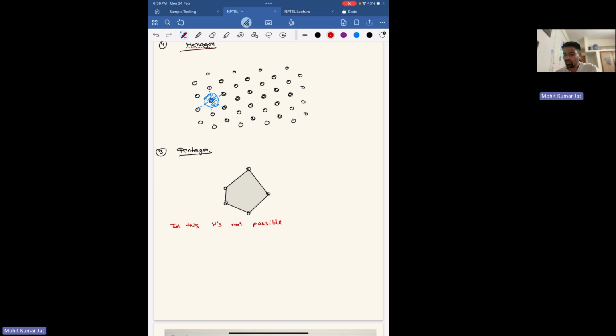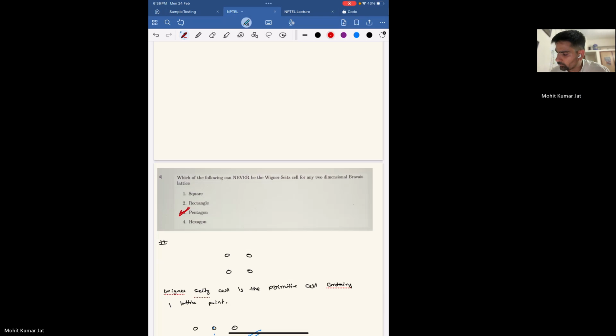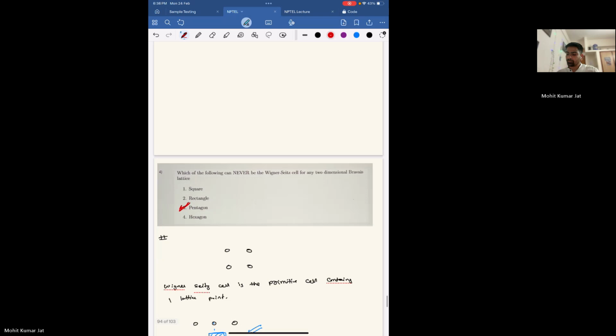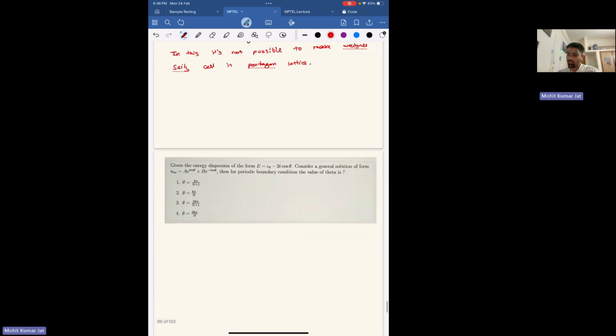It's changing. You cannot choose points which you can bisect and make a Wigner-Seitz cell. It's not possible to make a Wigner-Seitz cell in a pentagon lattice. So the answer is the third option.